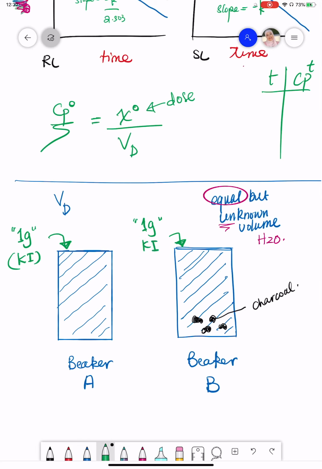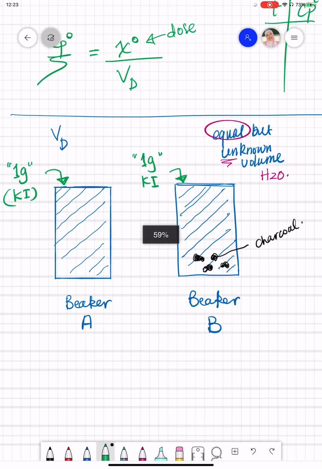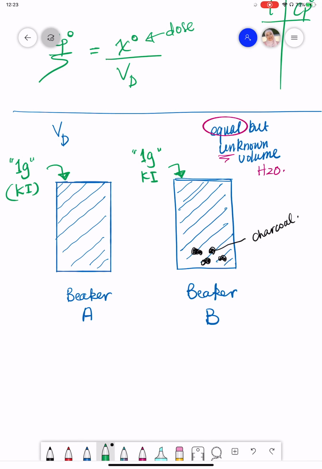In both of them. Then what we did after that, we took a sample from this beaker and a sample from this beaker, and we measured the concentration of KI.